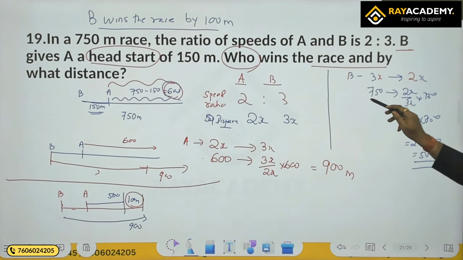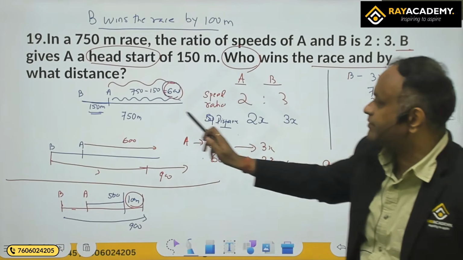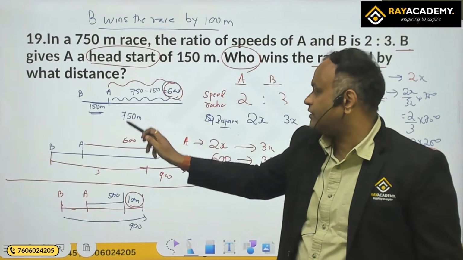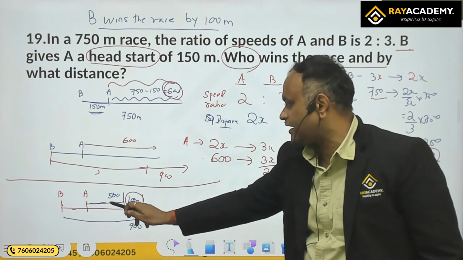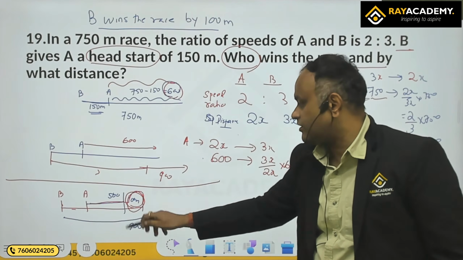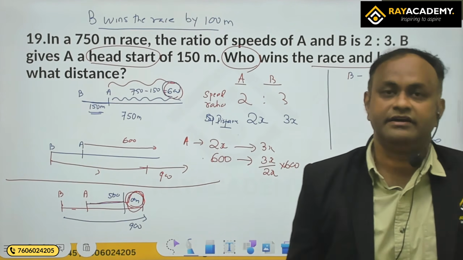If b goes 750, then a covers 500 from this position. That is why it is 100 meter behind the finishing line.